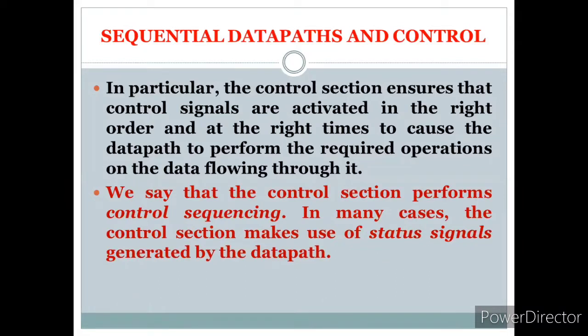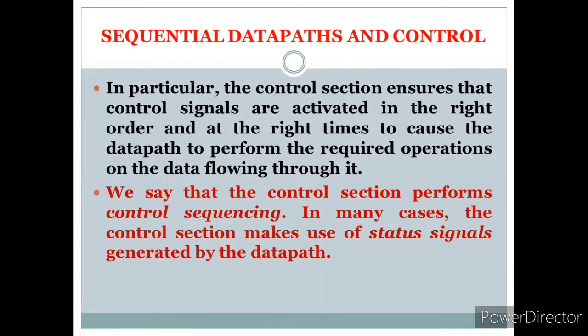It means at what time, what operation needs to be done, and in which order, is entirely taken care of by the control signals. How these control signals perform is very important because they should meet the timing constraints. So we say that the control section performs the controlling sequence. That's the important thing.